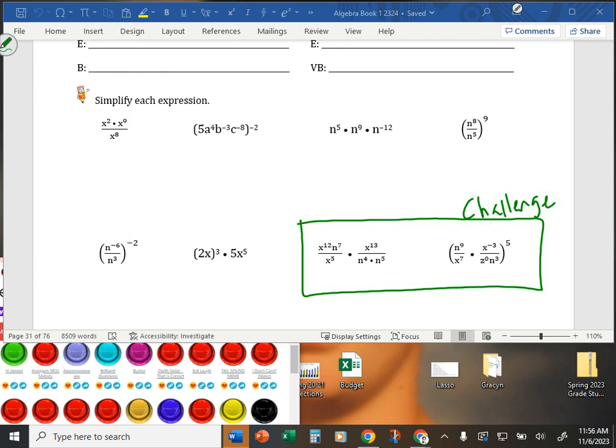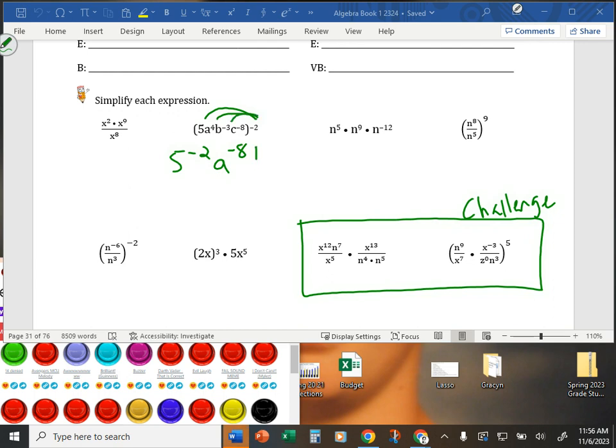Because what happens when you multiply by a negative is the sign changes. So that becomes 5 to the negative second power. A to the fourth becomes a to the negative eighth power. We didn't have to move it originally because that 4 is positive. However, now we will. Right?